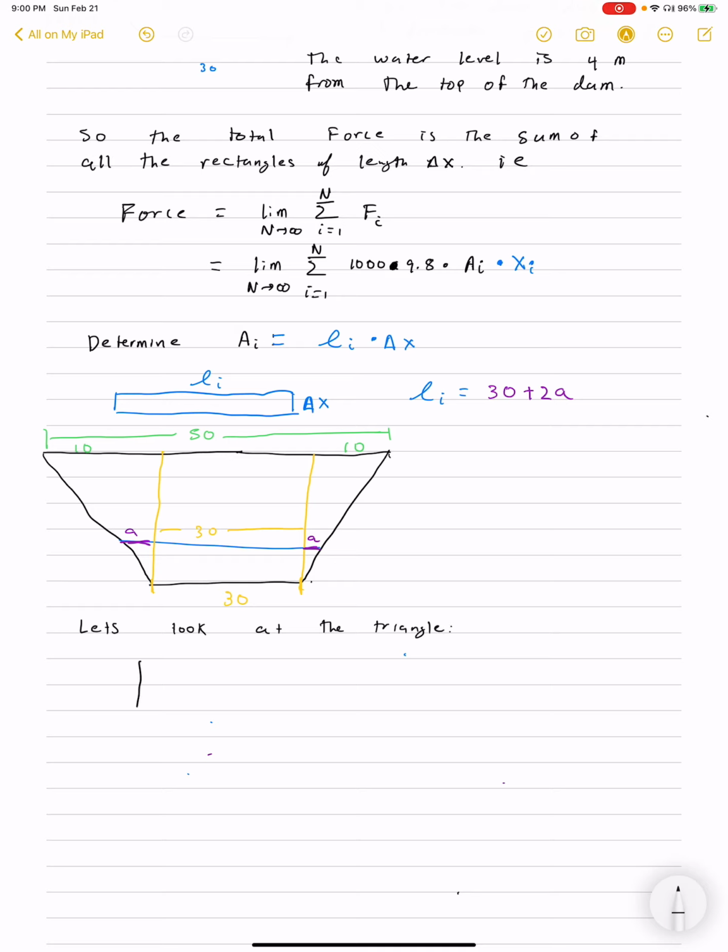So if I explore this triangle, I know a couple of measurements. I know there's 10 at the top, and I know the height from here to here, that's 20. So there's 20.